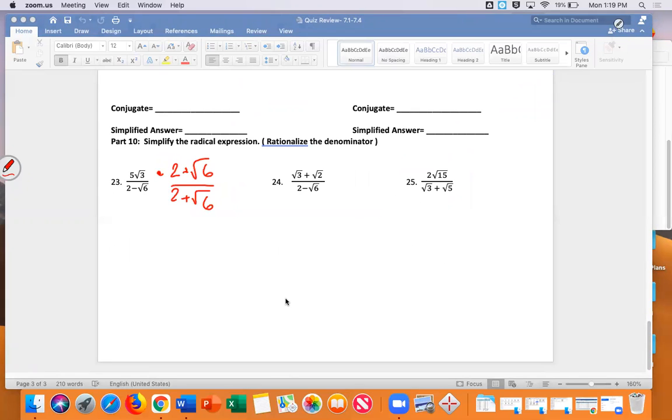So now we're going to distribute this 5 root 3 inside. It's going to be 10 root 3 plus 5 root 18 over, and then Owen taught me, it's going to be the first thing squared. So 2 squared is 4 minus that root 6 squared. So root 6 squared is 6.